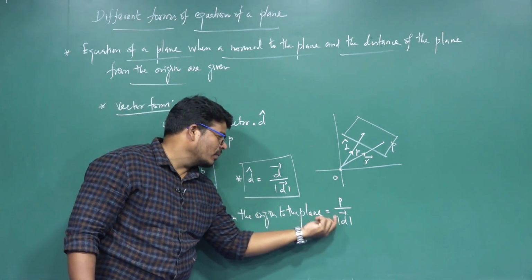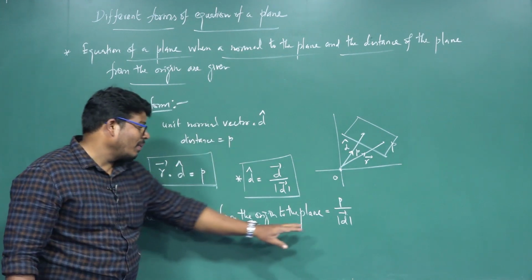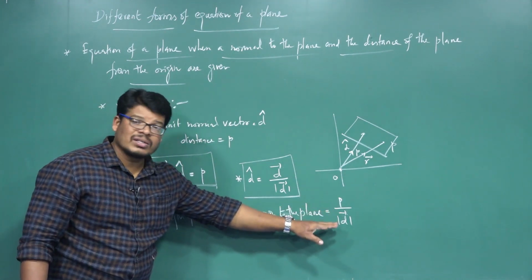Now find the magnitude of the d vector. The length of the perpendicular from the origin to the plane is P by modulus of d vector.